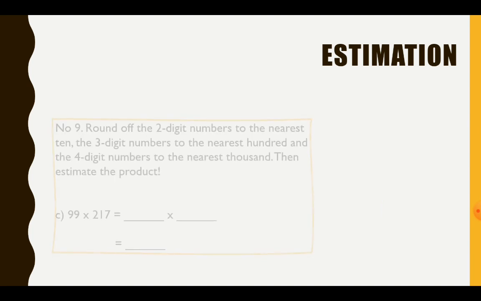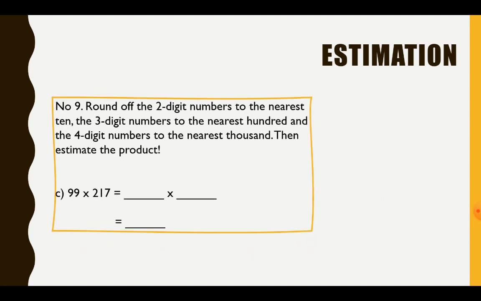The last is about estimation. Number 9, round off the 2-digit numbers to the nearest 10, the 3-digit numbers to the nearest 100, and the 4-digit numbers to the nearest 1000. Then estimate the product. The question is 99 times 217.